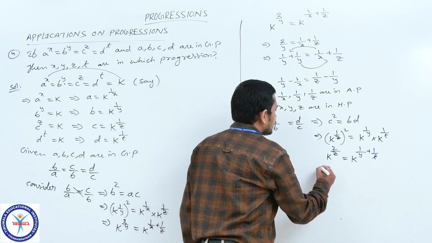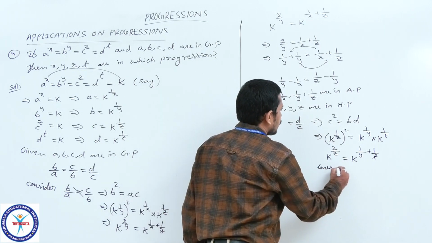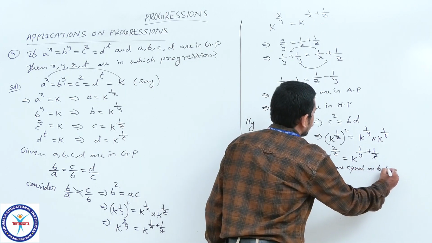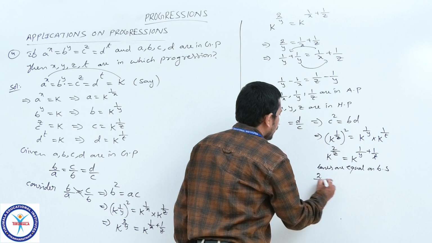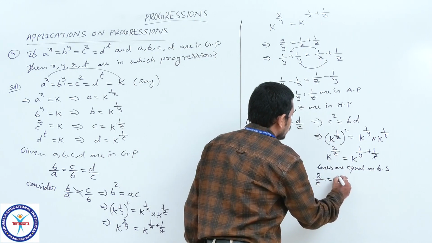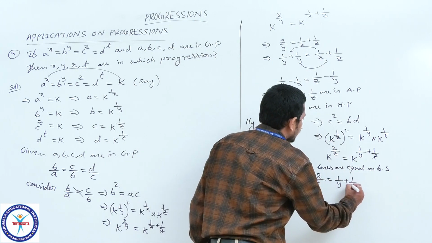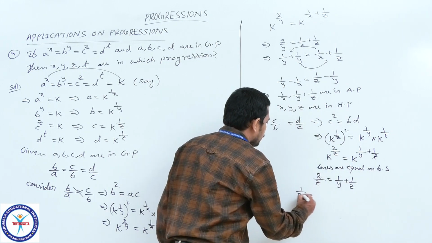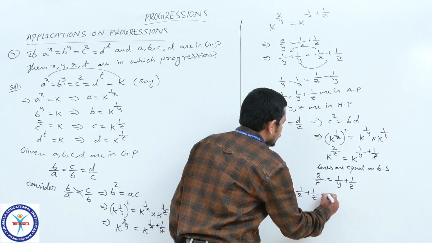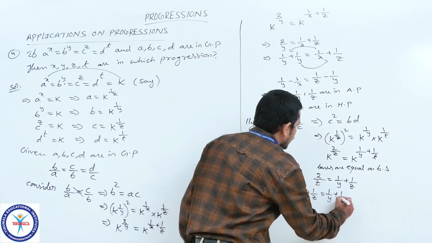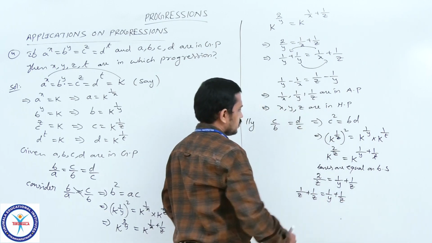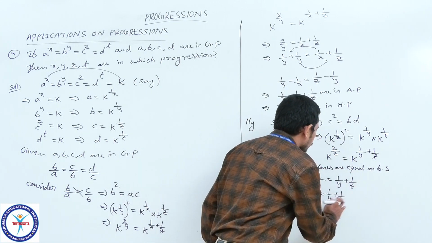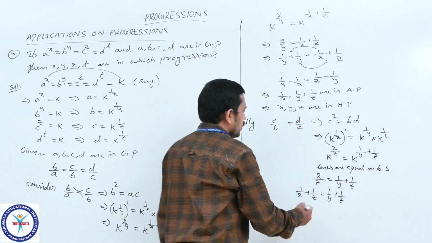So here again bases are equal on both sides. Therefore 2/z = 1/y + 1/t. So here we can write 2/z as 1/z + 1/z, which is equal to 1/y + 1/t.